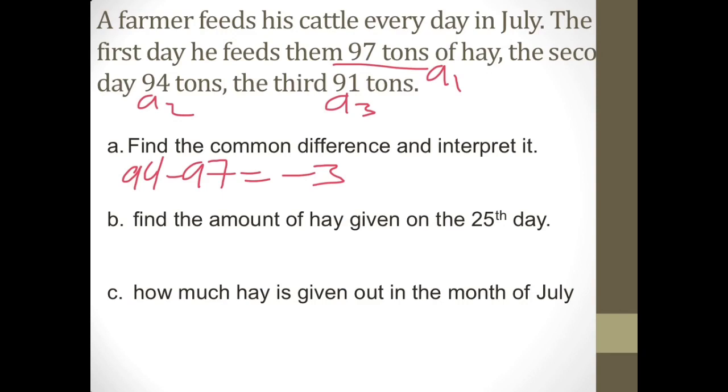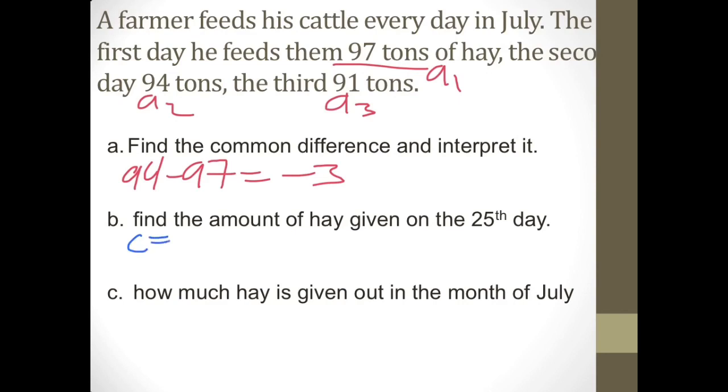We're now asked to interpret it. Since that represents the change in how much he's feeding his cattle, we would say that he's feeding them 3 less tons of hay every day. B. Find the amount of hay given on the 25th day. Okay, so now we're going to need our formula. I know what my common difference is. I know what my first term is. I need to find c.